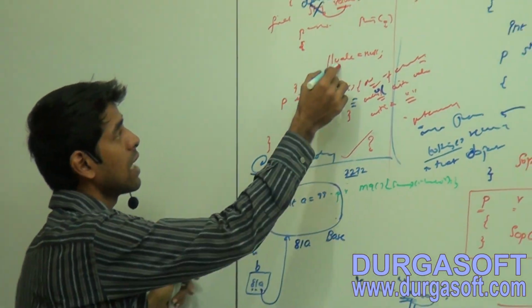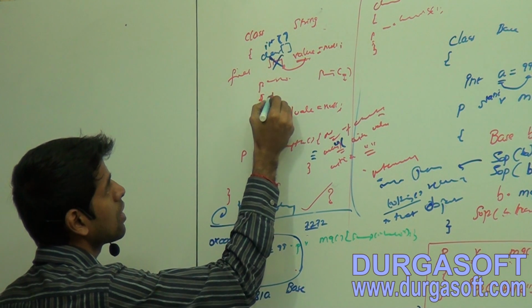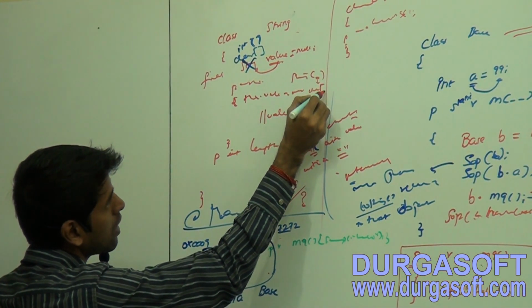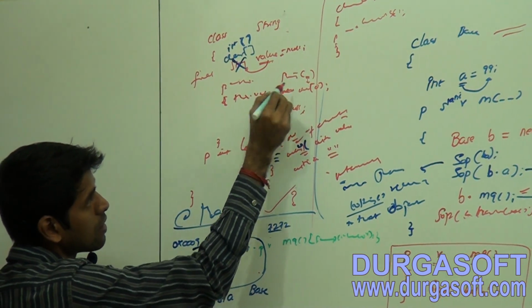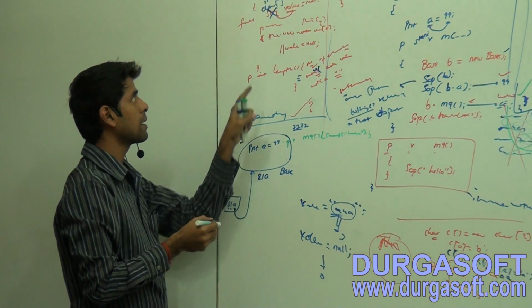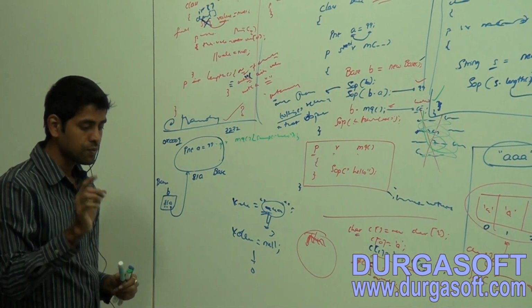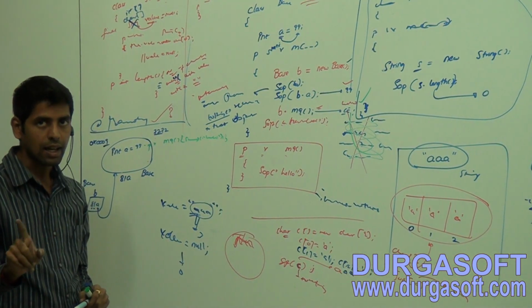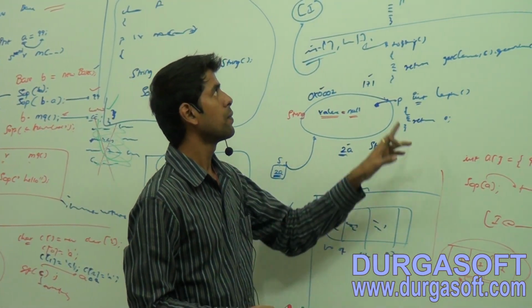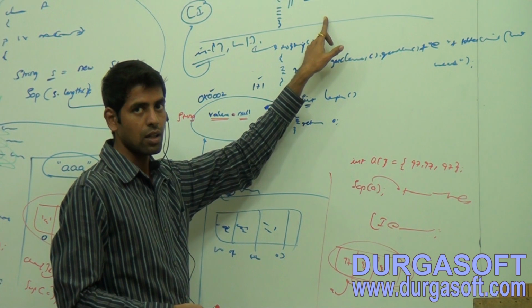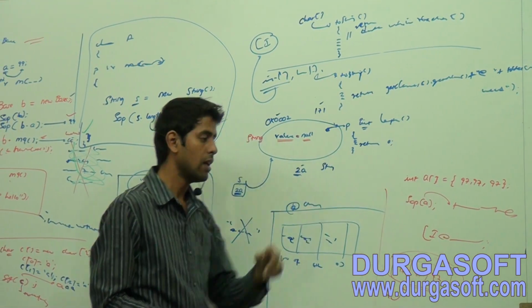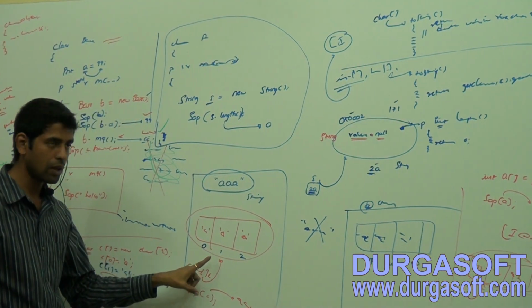That's why the implementation is this.value equals new char of 0, right? And why only char array? Because within char array, the toString method is implemented to return the data within the char array. We have understood this one, right?